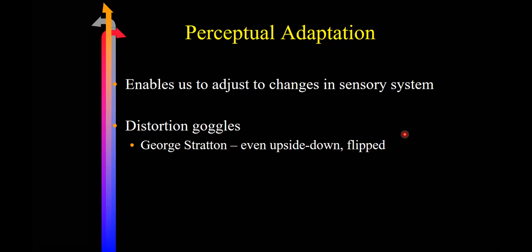Now, once they took the goggles off, guess what happened? Everything was upside down again. Luckily, they were able to readjust to normal much more quickly, having recently gone through that process, and their brain had sort of learned what to do to readjust. I'm thinking, boy, they must have been really badly in need of extra credit to do that for an extra credit project, right? But it illustrates this.